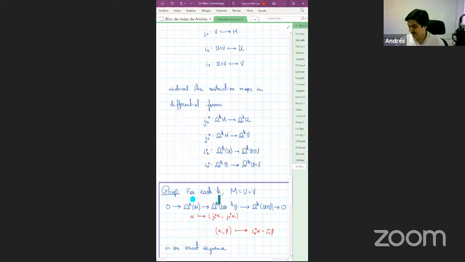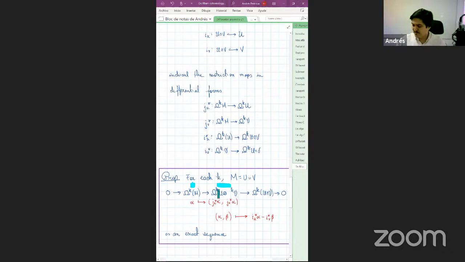Now, let's show that it is exact here. So take an element here that goes to 0. So you have a function f on U and a function g on V.